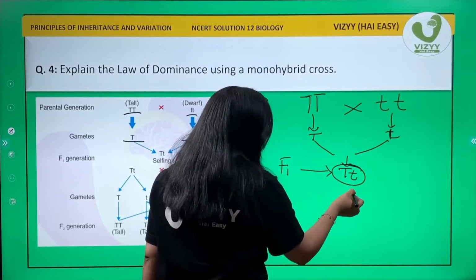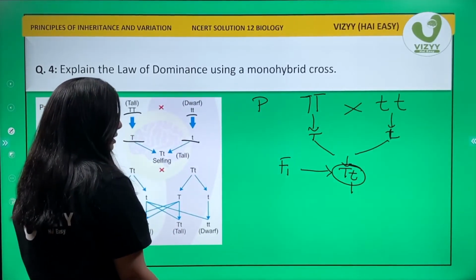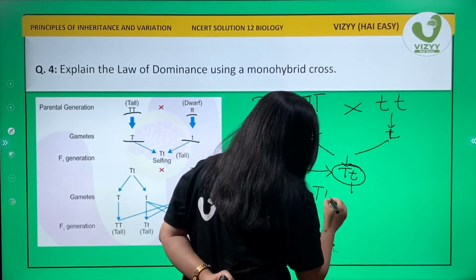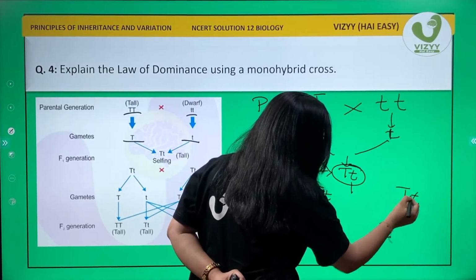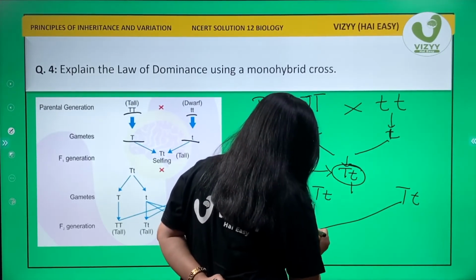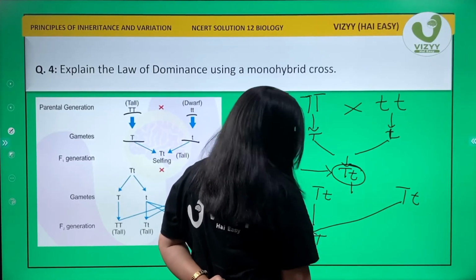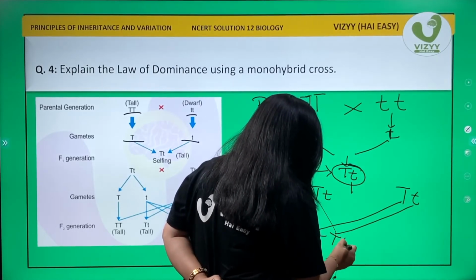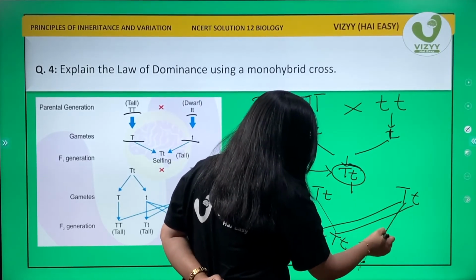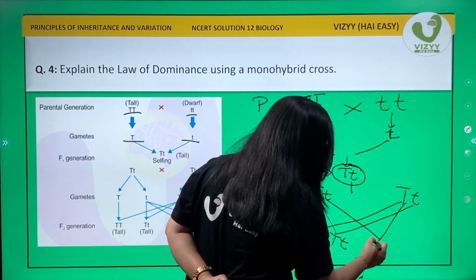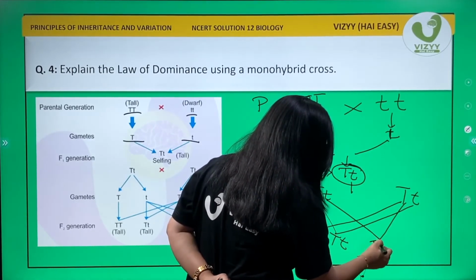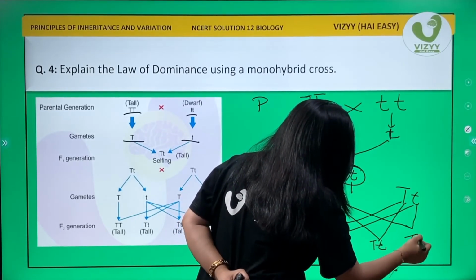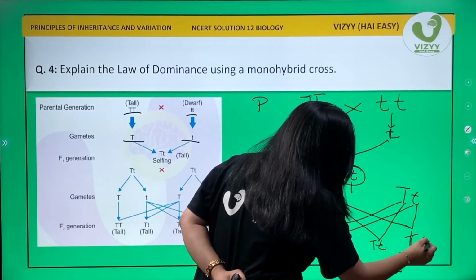Now, when this is self-pollinated, we get a homozygous tall, a heterozygous tall, again a heterozygous tall, and lastly a homozygous dwarf.